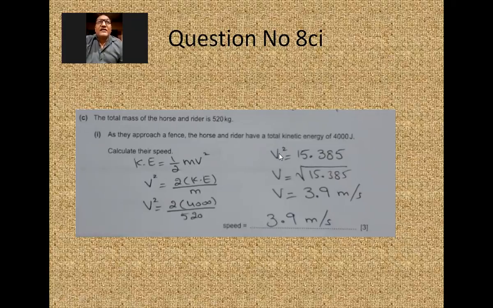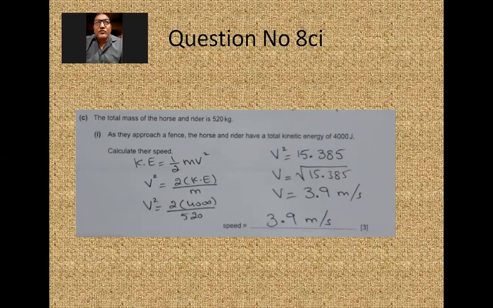When you enter these values in your calculator, v squared will be equal to 15.385. So take the square root on both sides. v will be equal to the square root of 15.385, and that is 3.9. So the speed will be 3.9 meters per second.